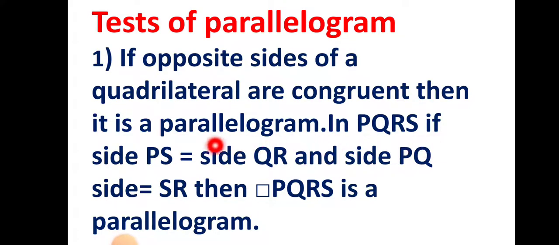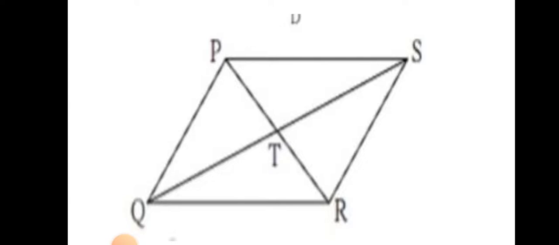In PQRS, if side PS congruent side QR and side PQ congruent side SR, then quadrilateral PQRS is a parallelogram. Here, as shown in the figure, PQRS is a quadrilateral and its diagonals PR and QS intersect each other at point T.